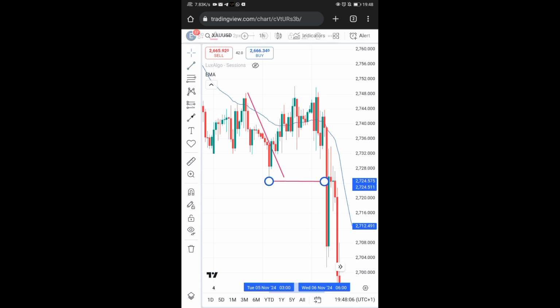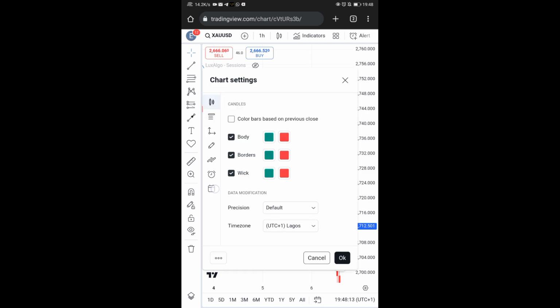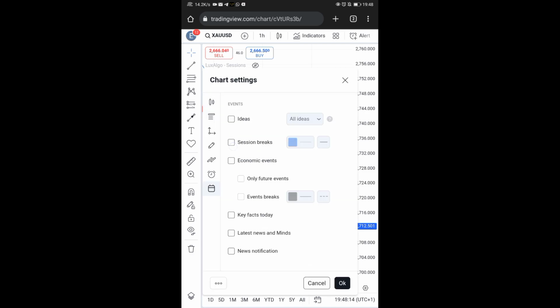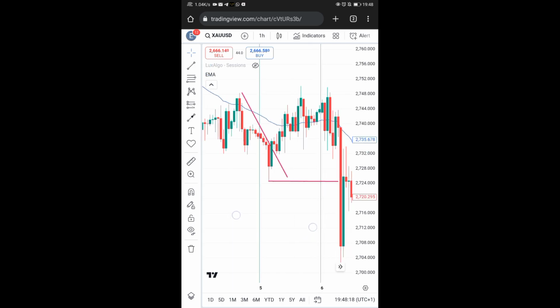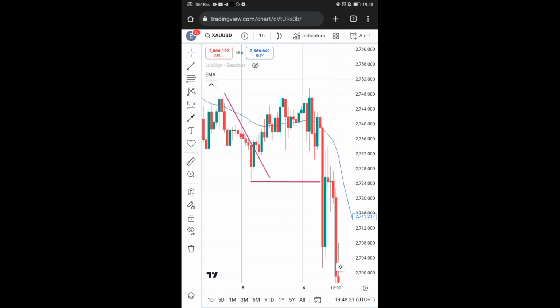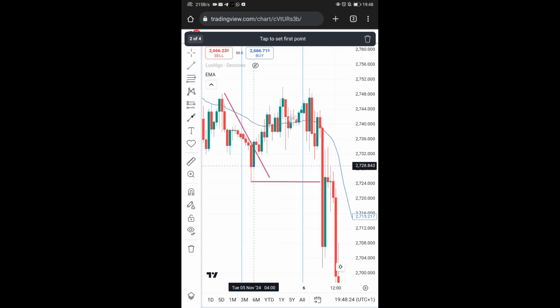So since this market is bearish, you add your session breaks. This really helps you to know previous day's demarcations. So now you can know where the market started. We can see that here was a high.